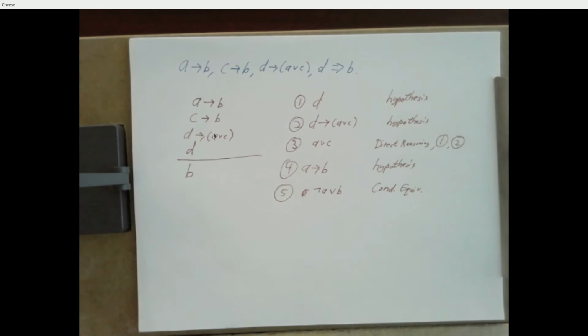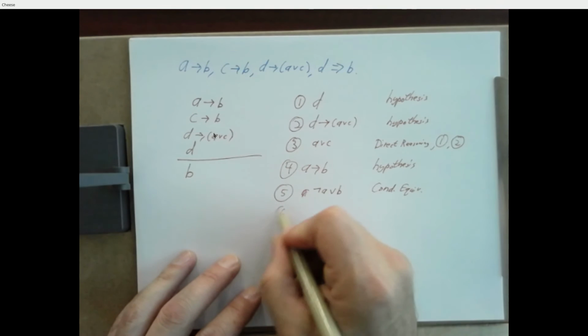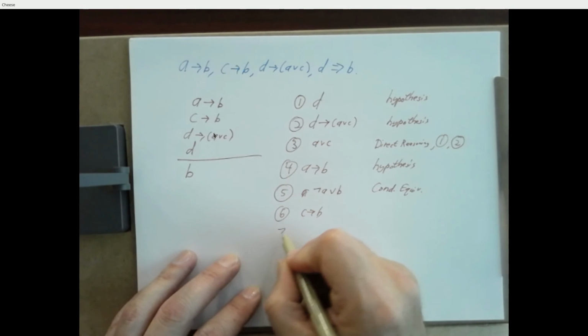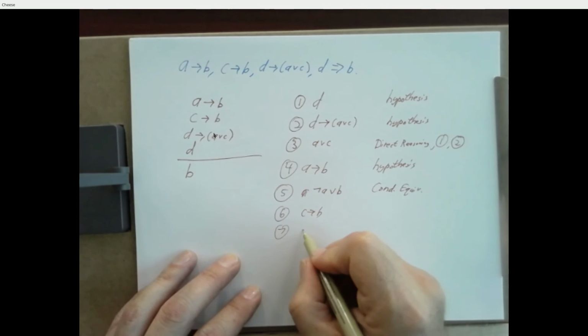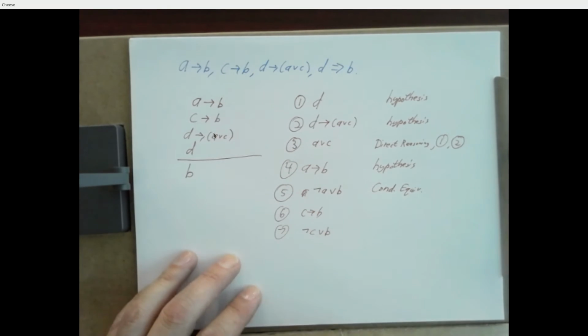So if A is false, that conditional is true. If B is true, the conditional is true. We wrote out the truth tables for these on the board, and they're exactly the same. And 6, we can do C implies B. And 7, we can do not C or B.